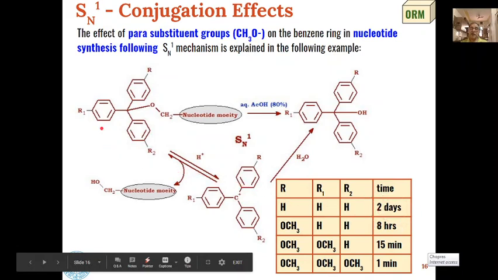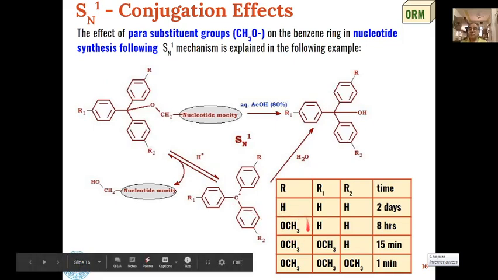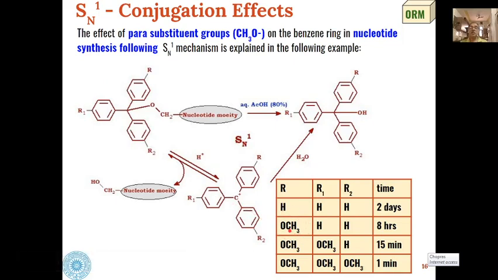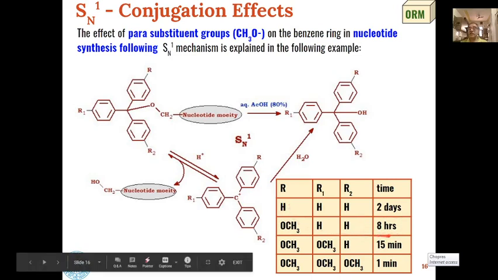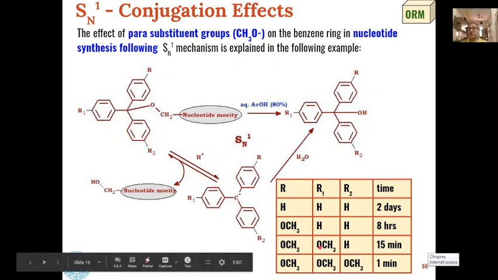And if one of the alkyl substituents is methoxy and the others are hydrogens, so out of these 3 rings, if one hydrogen is substituted by methoxy, then the same reaction will take place in 8 hours. If I replace 2 out of these 3, that is R and R1 hydrogens, by methoxy groups, the same reaction will take place in 15 minutes.